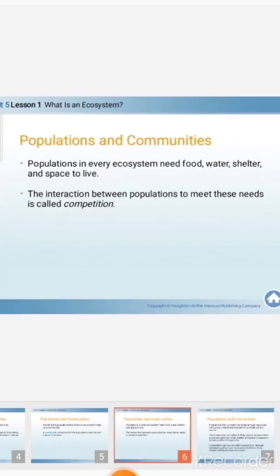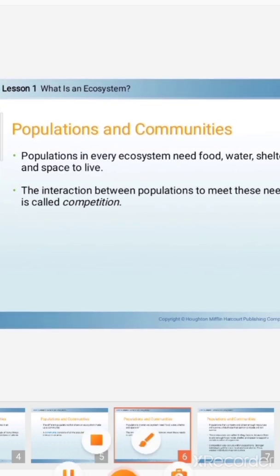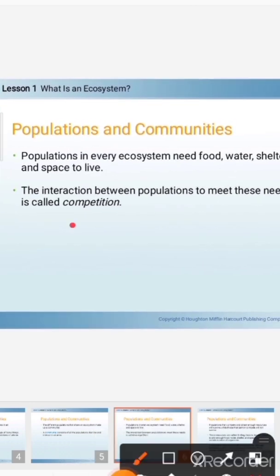The interaction between populations to meet their needs is called competition. The resources they need are called limiting factors, and when they interact to get their limiting factors, this interaction is called competition.